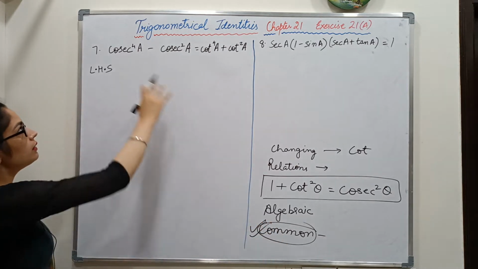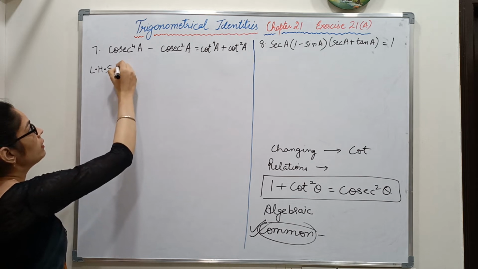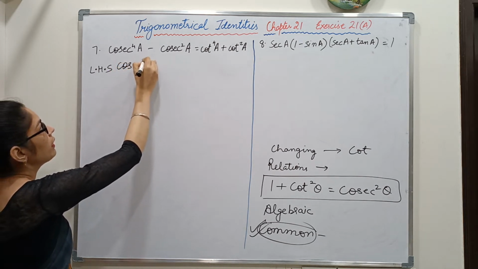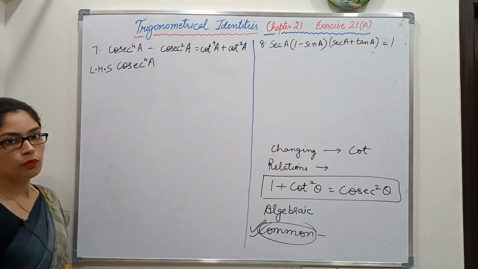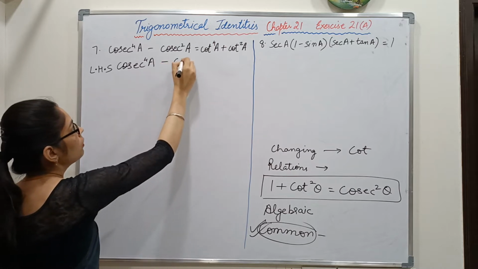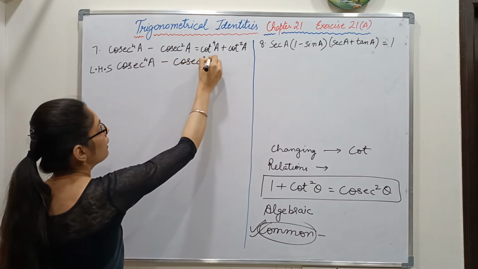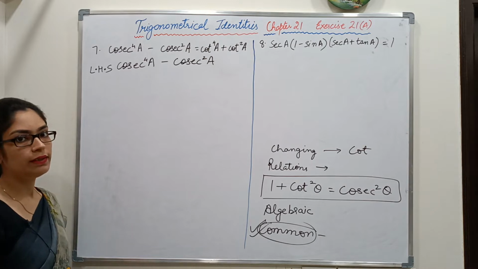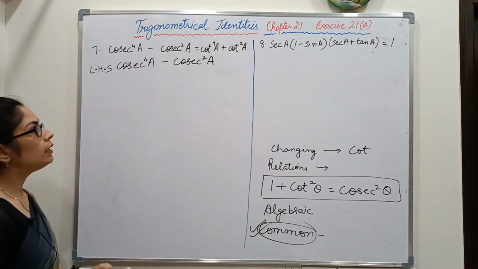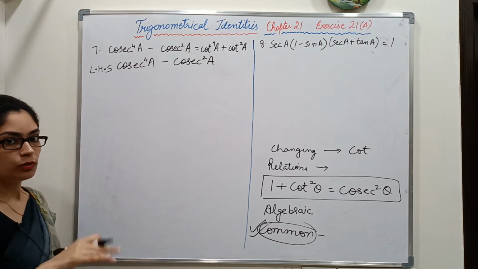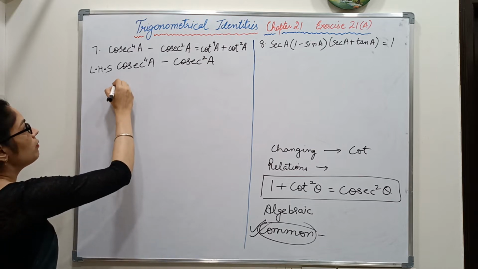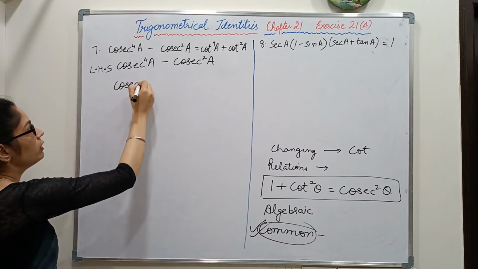Why? Because the left hand side is cosecant to the power 4 A minus cosecant square A. This I have already written. Now what is the meaning of cosecant to the power 4 A? In the previous question also we did this.